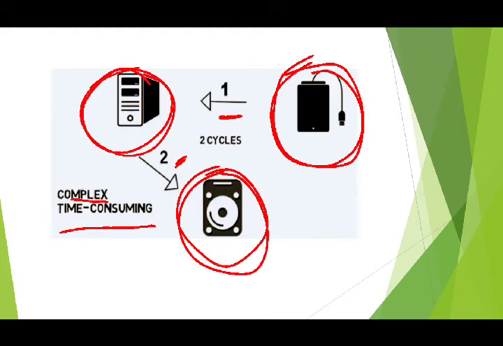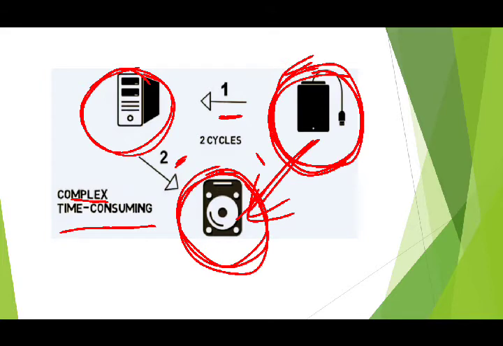So the process becomes complex and time consuming. If there is a direct connection between these input output devices and the memory like this, we only need one cycle. So it is a merit. For directly accessing the memory from the input output device, or from the memory to the input devices, only one cycle is needed, and for this we use a DMA.